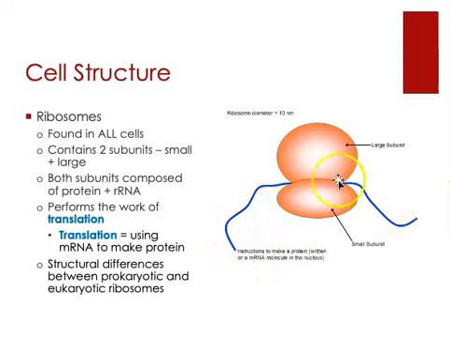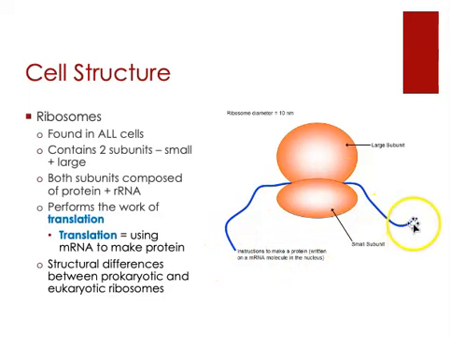We haven't talked about nucleic acid yet, but DNA and RNA are the two forms of nucleic acid that we find in living cells. And ribosomes, remember, have the job of making protein by using the code that's found in messenger RNA.